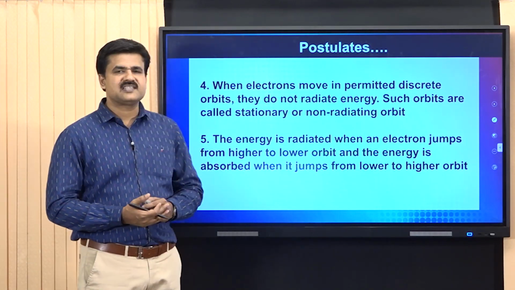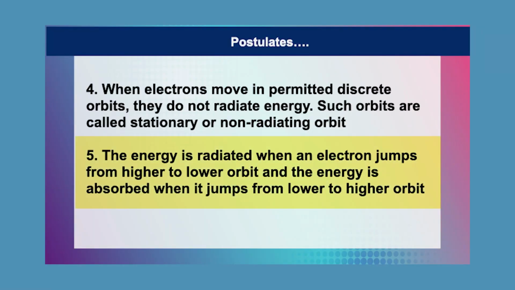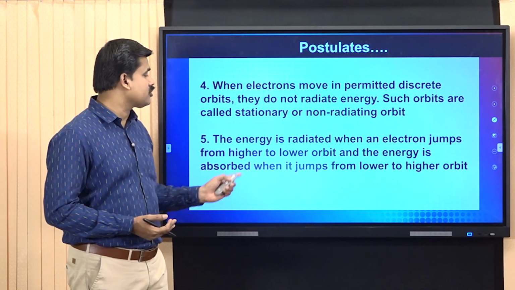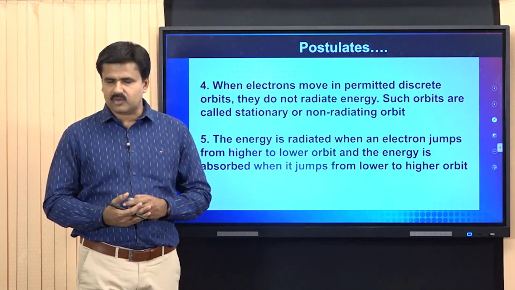The last postulate of Bohr theory: energy is radiated when an electron jumps from a higher to a lower orbit, and energy is absorbed when it jumps from a lower to a higher orbit.